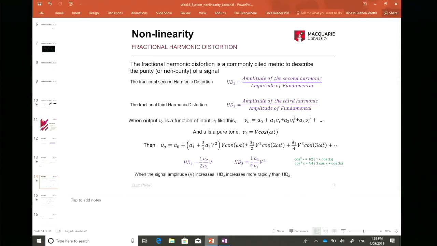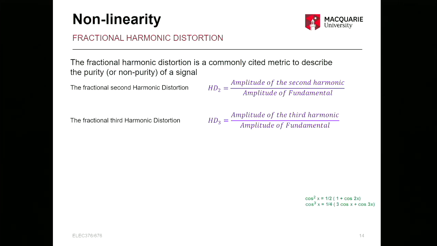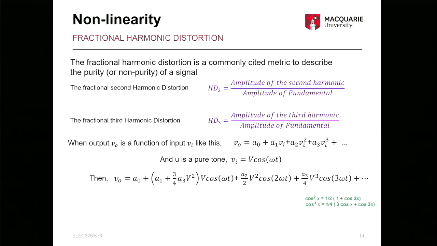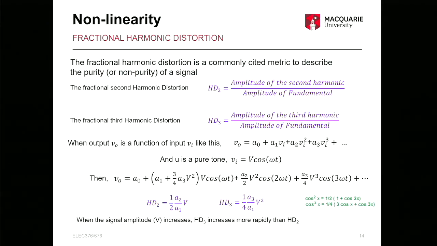So now coming back. I told you that the harmonic distortions HD2, HD3 are defined so that HD2 is the amplitude of the second harmonic divided by the amplitude of the fundamental, right?